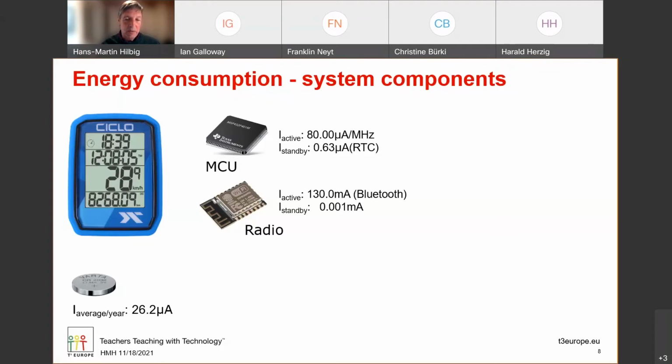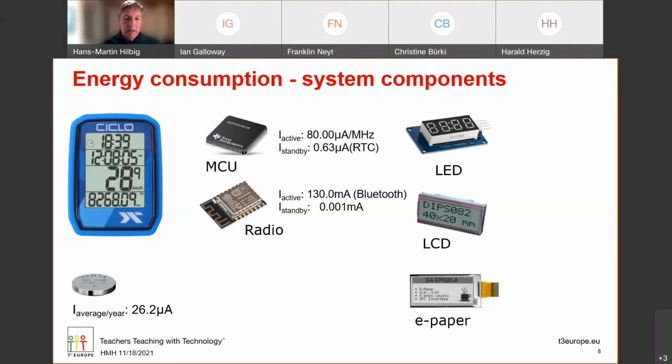But the active current of the Bluetooth interface is really high, so it's prohibitive to use in a bike computer. This is the reason why bike computers don't have a Bluetooth radio inside: it simply consumes too much current. You need a different radio which uses way less current than a Bluetooth interface.